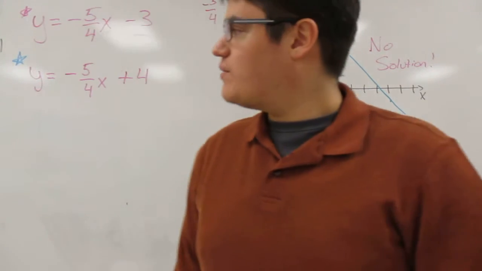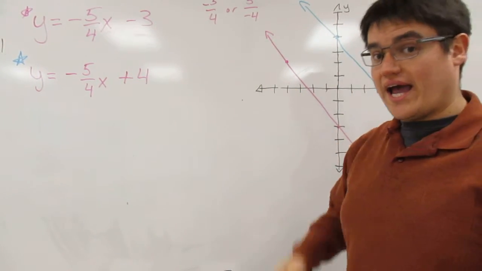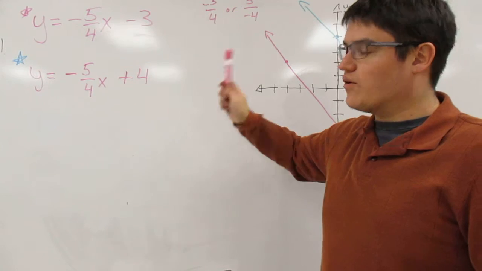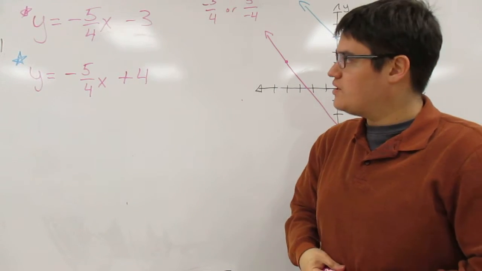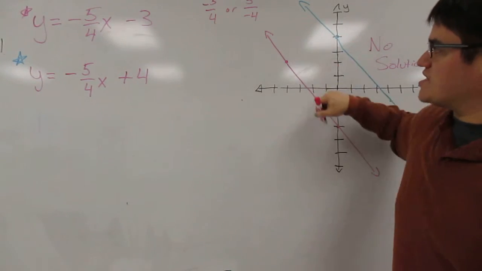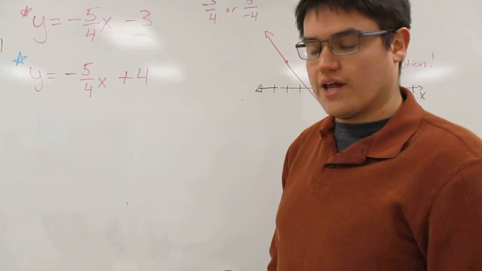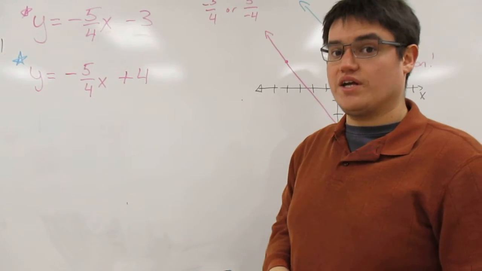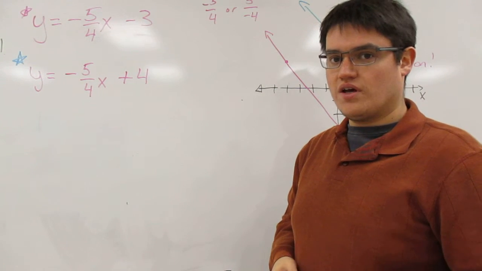So the best way to attack these: graph them, look for that intersection point, and after you figure that out, make sure you understand what the intersection point tells us. Here, it didn't have any, so there'd be no solutions. If they both turn out to be the same line, they're intersecting at every single point on that line. So in that case, you would have an infinite amount of solutions. Okay? Thank you very much.